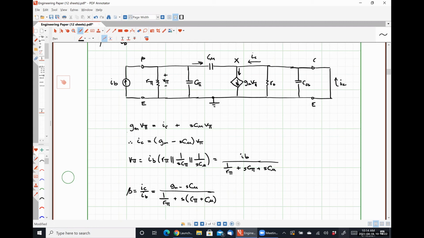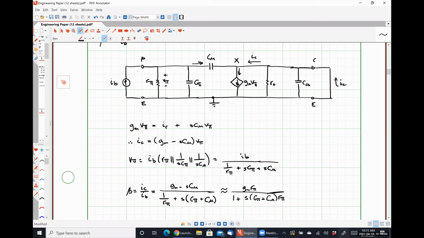So for the overwhelming majority of applications, we are going to have GM R pi over 1 plus S times C pi plus C mu times R pi, where I've just multiplied both the numerator and denominator by a factor of R pi to get rid of that fraction.